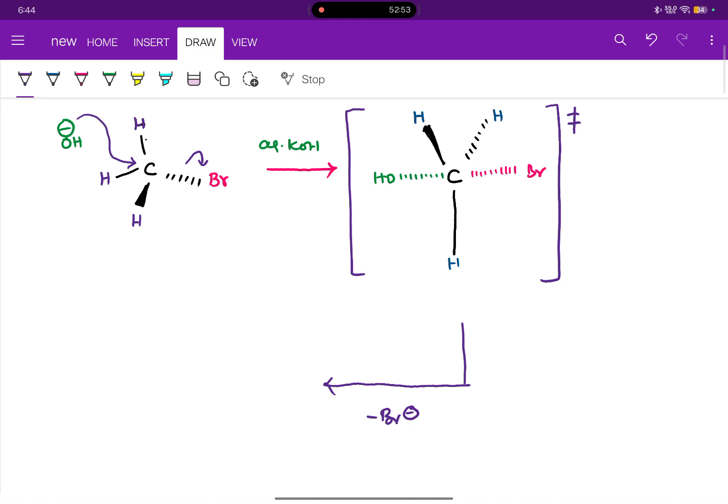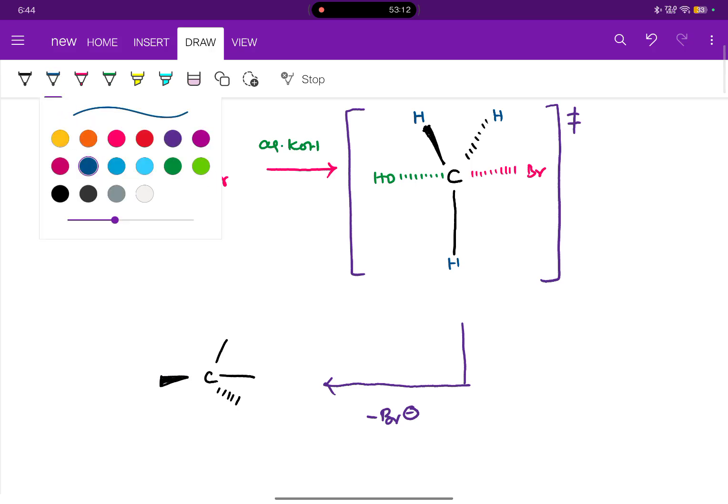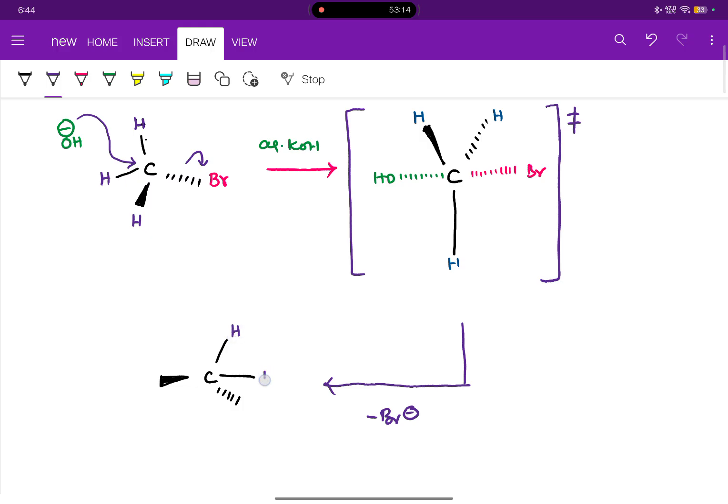So Br minus goes out. So you'll get methanol.